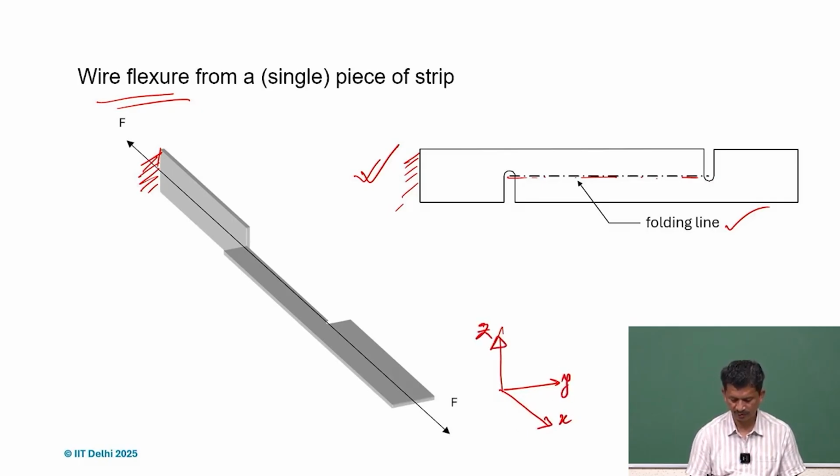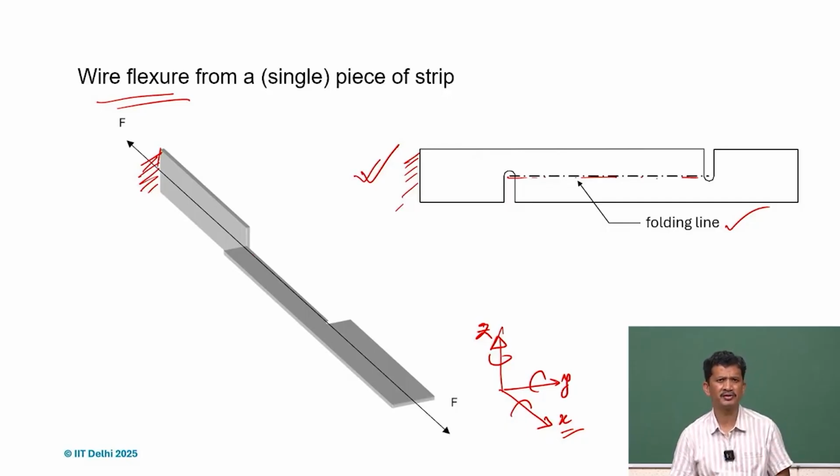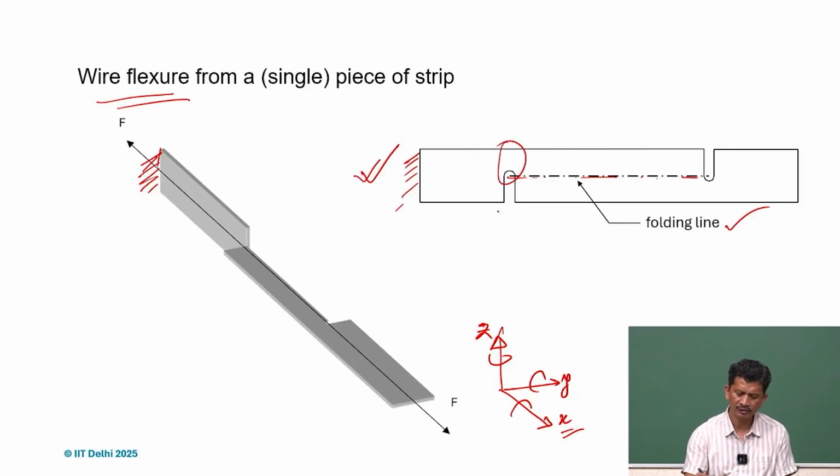And even the rotation, if we try, what we realize is that there is a constraint in the x direction here, along the length, along the fold line. So what happens if we try to see one by one along x? Yes, everything has to be stretched. And of course, in this case, EA by L, and this section actually will determine the stiffness in that direction, because the area of cross section is almost half in that case.